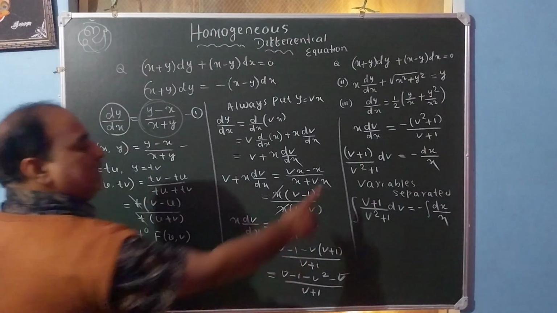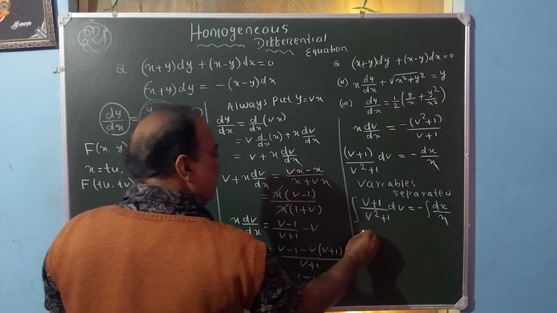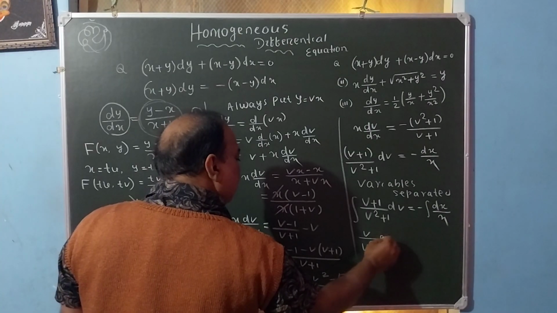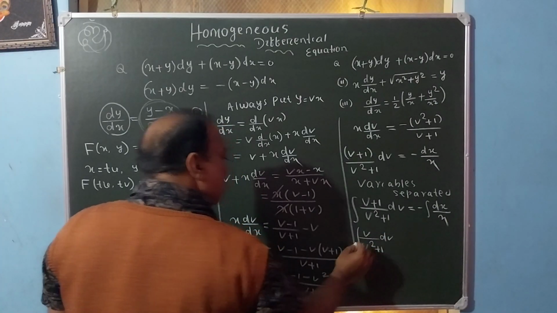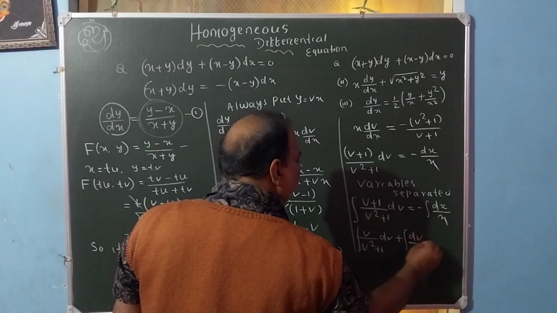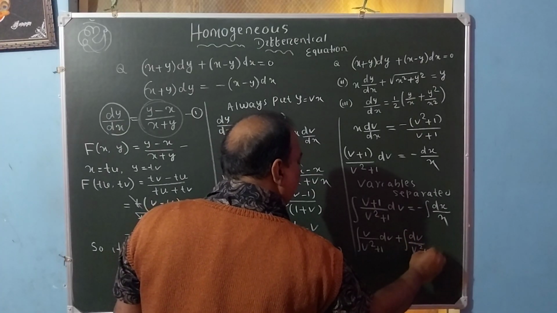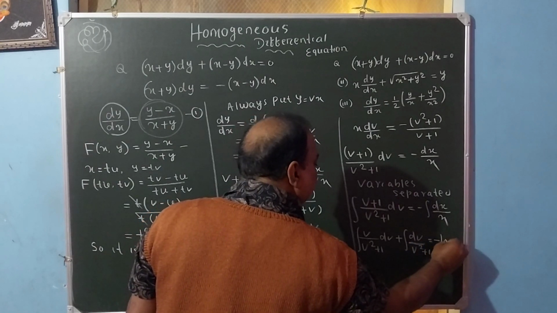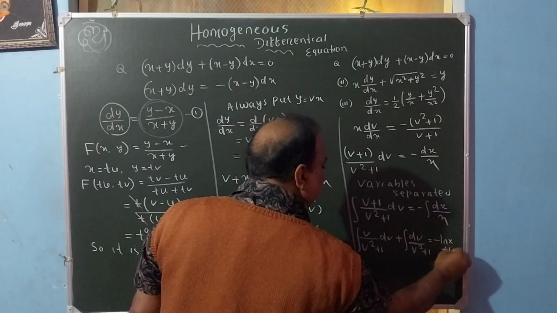Okay, so this by this plus this by this: v/(v square + 1) dv plus dv/(v square + 1) = -ln x + ln c.